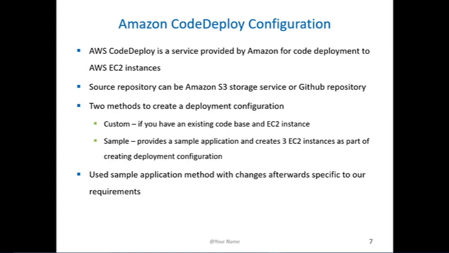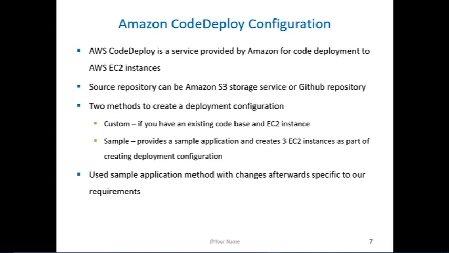So for the CodeDeploy configuration, Amazon has two main options. The first option is a custom creation of a deployment configuration, and this is based off of you having an existing application and an EC2 instance. The second option assumes that you are new to AWS CodeDeploy and to AWS in general, and so creates three instances for you, as well as providing a sample application to deploy so you can see what the results are.